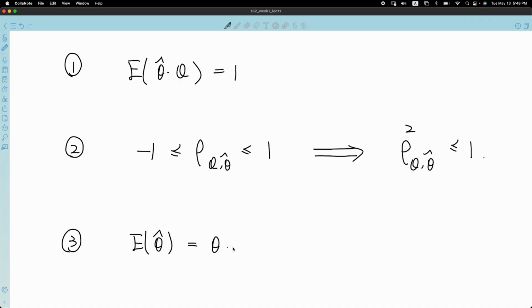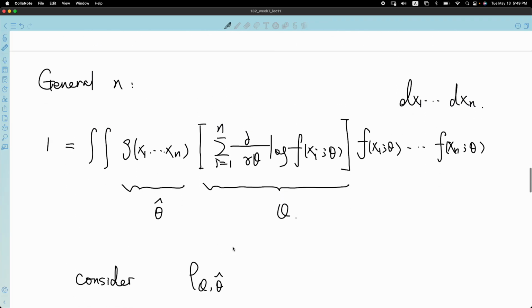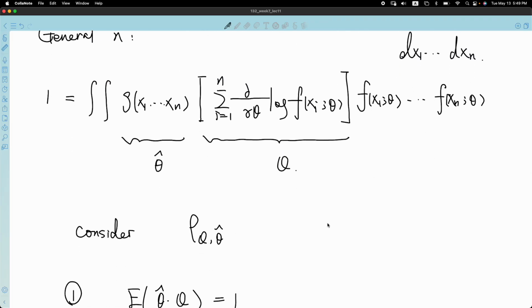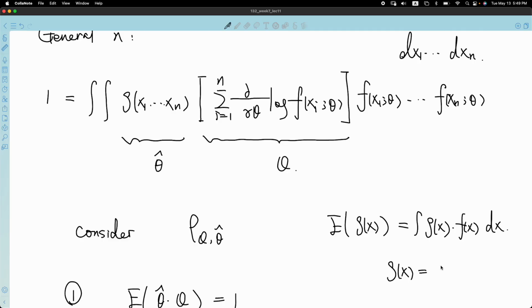Yes? Could you explain the first one again? Sure. If I say the expectation of g of x is equal to the integral of g of x multiplied by f of x dx, do you agree with that? Now I'm going to call g of x equal to theta hat multiplied by q.